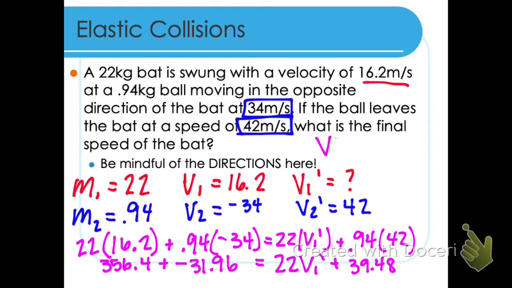So I got V1 prime to come out at about 12.95 or roughly 13 meters per second. Is that what you guys had?